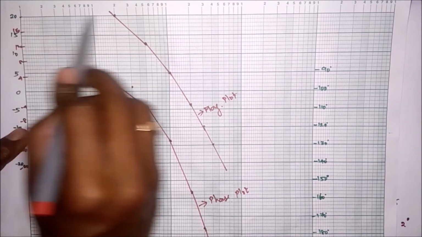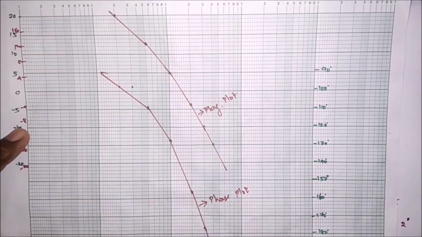For example, for 20, what is the omega value? Omega equal to 0.2.